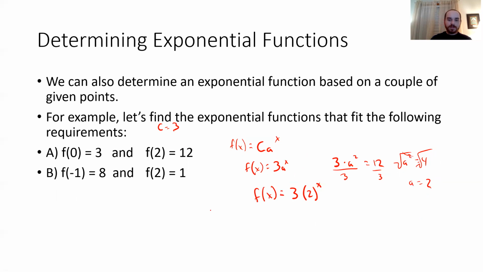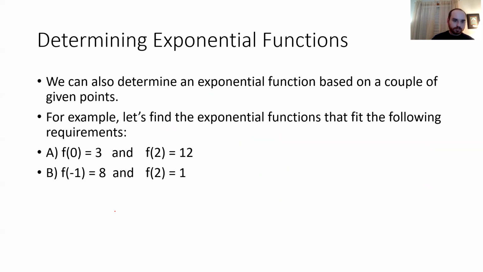All right, then for b, this one's a little bit trickier. We aren't given f of 0, so we can't start out by calculating c. We're going to want to calculate a first. And the way to do this is, when we go from f of 1 to f of 3, that is effectively a difference of x equals 3. So a cubed is equal to, and then we divide it by 1/8. So 1/8, right?